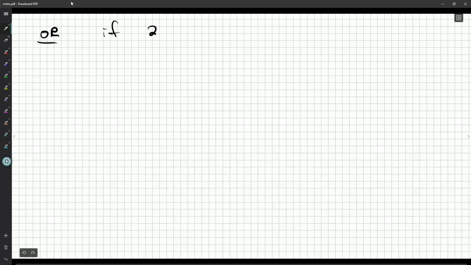Now, if 2 does divide n, then we could say, let's let p1 equal to 2. Then phi of 2n is going to be 2. We're going to gain 1 more 2 than we had before.